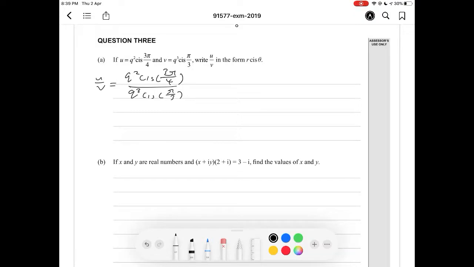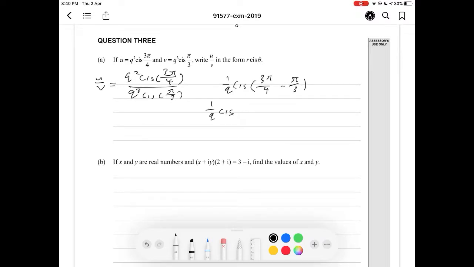So we know that when we divide two complex numbers in polar form, the modulus will divide while the angle will subtract. So q squared over q cubed, that's going to give us 1 over q, cis of 3 pi over 4 minus pi over 3.